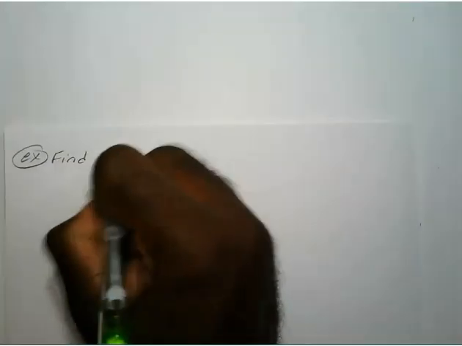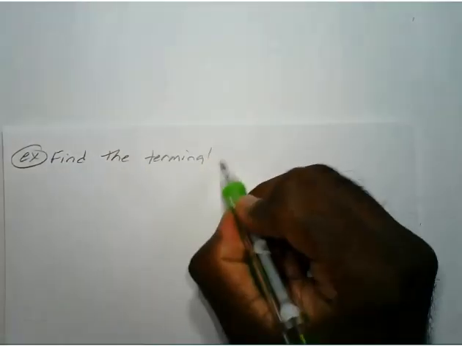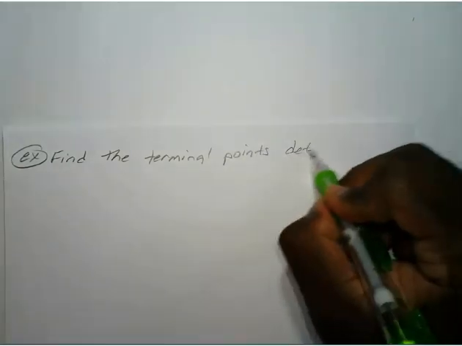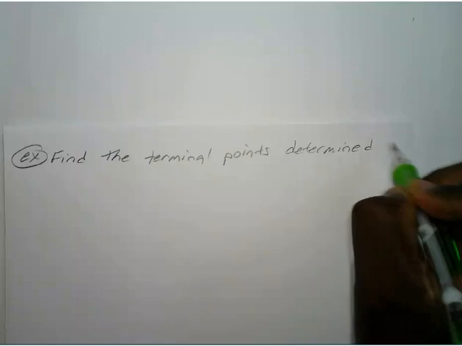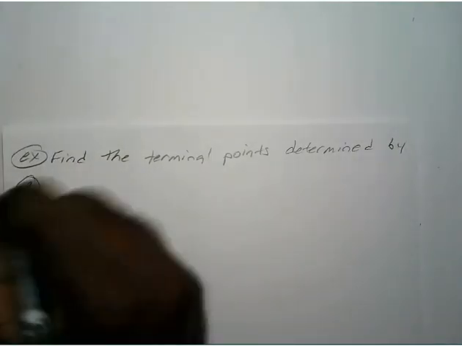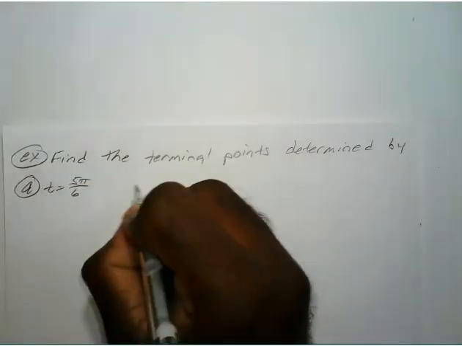Okay, so for our next example, what if we want to find the terminal points determined by, let's say A, t is equal to 5 pi over 6.